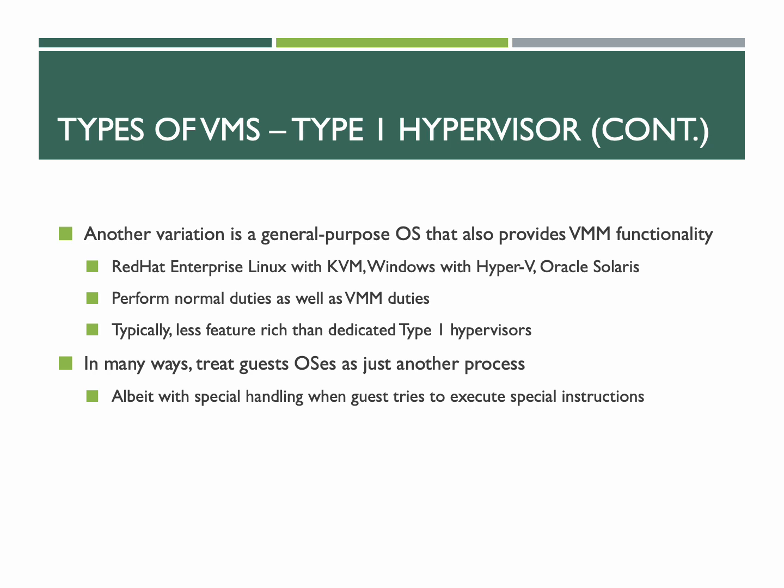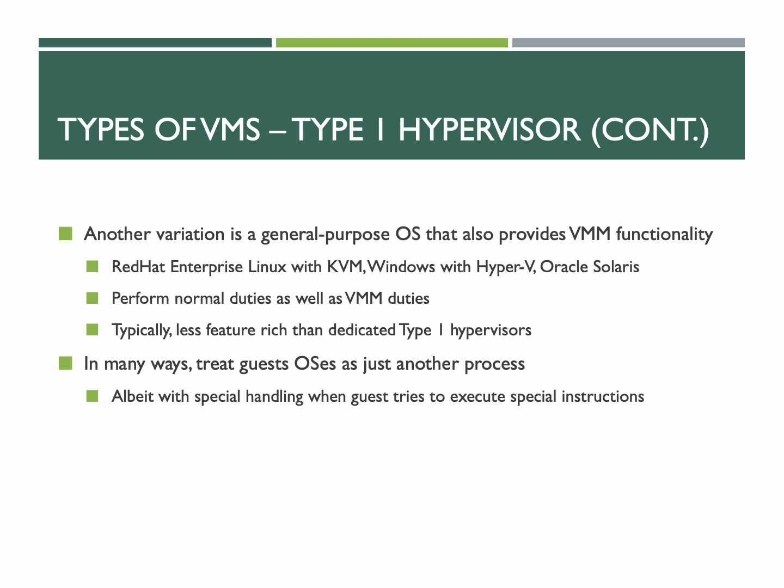So, unlike traditional Type 1 hypervisors that solely focus on virtualization, certain general purpose operating systems have been enhanced to perform dual roles. These systems manage regular OS tasks and also function as hypervisors, managing virtual machines directly.